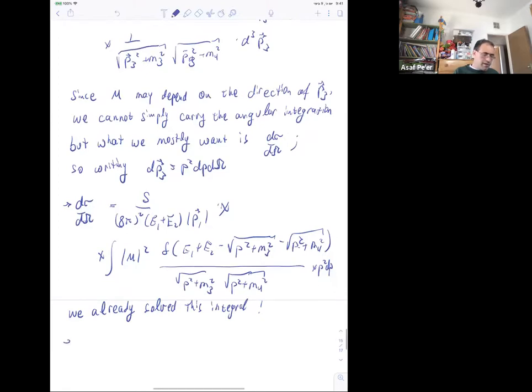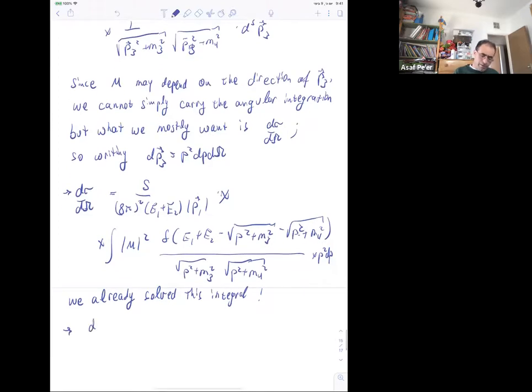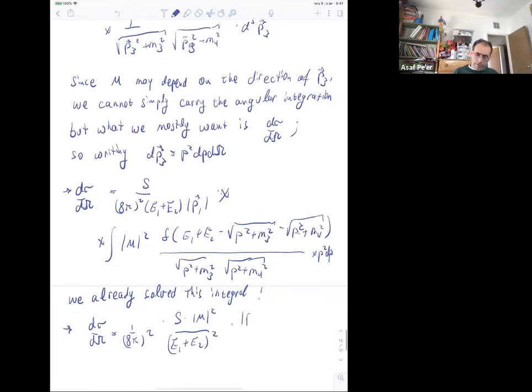We got that sigma over omega is just 1 over 8 pi squared times S times M squared divided by (E1 plus E2) squared times pf over pi.